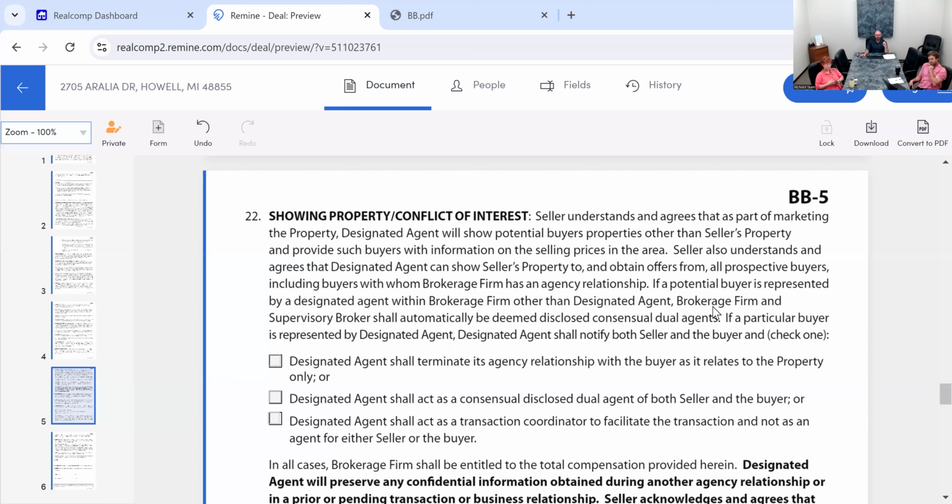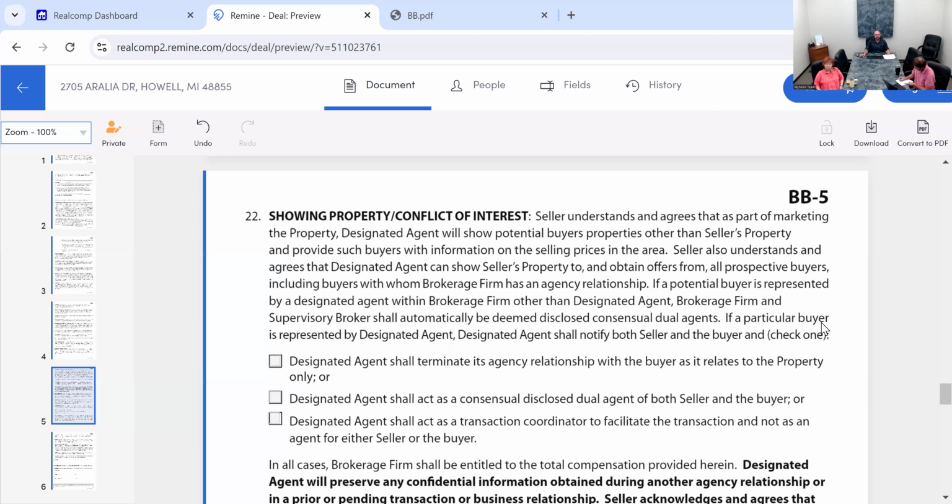In that case, Remax Platinum and Joe DeCrube shall automatically be deemed disclosed consensual dual agents. So Remax Platinum, Joe DeCrube become dual agents, but the designated agent, capitalized, aka the listing agent, and the non-capitalized designated agent, the buyer's agent, the other Remax Platinum agent, we are not dual agents.